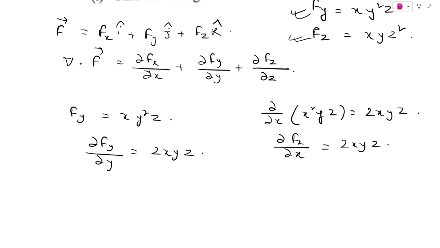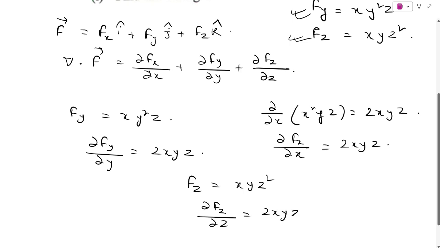Now differentiate the z component. The z component is what? fz, this is x y z square. Differentiate with respect to z, keeping x and y constant. So del fz del z is 2xyz. Now substitute everything into the divergence formula.